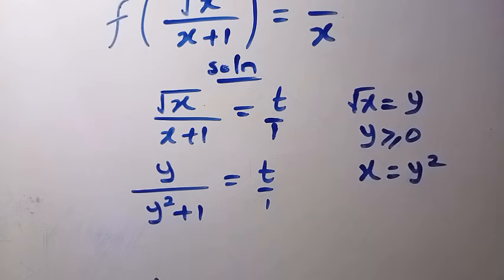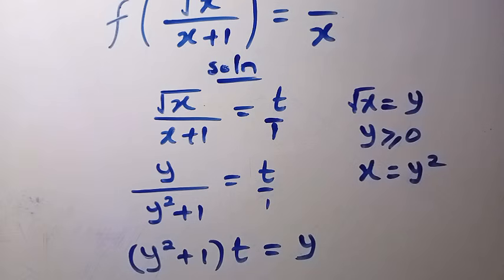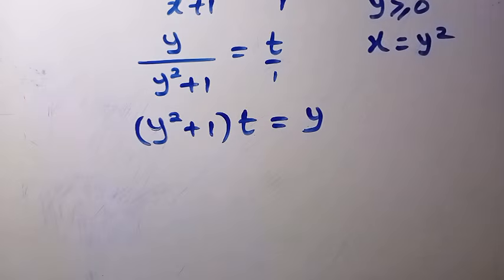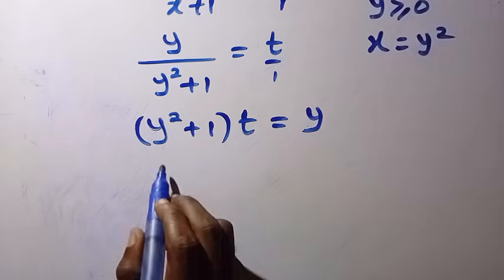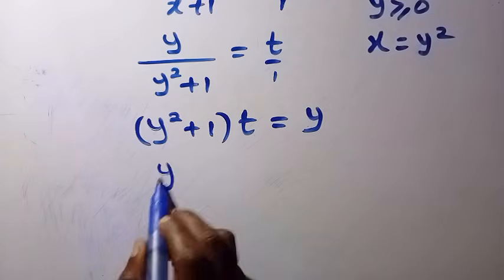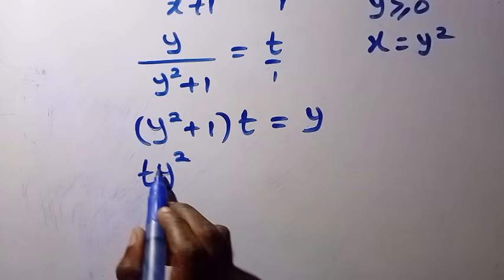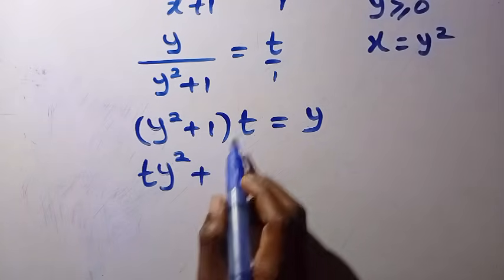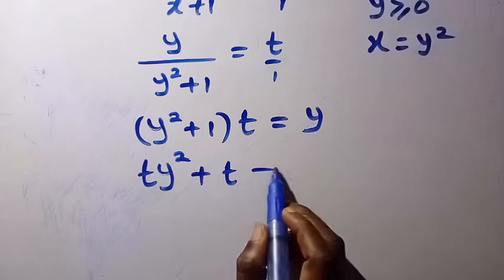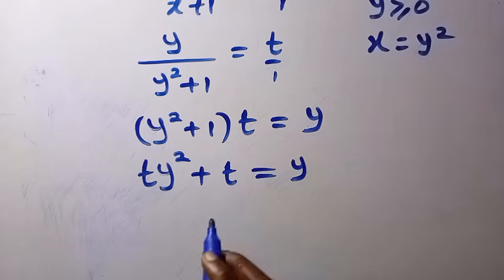So we cross multiply and this gives us y squared plus 1 multiplied by t equals y. And the next step is to open this parenthesis: y squared multiplied by t gives ty squared, plus 1 multiplied by t gives us t, equals y.